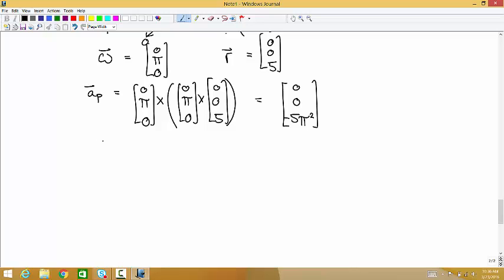Okay, so Newton's second law. We have the weight, that's 60 g, so 588.6. And then we have the force on Pete by the chair.